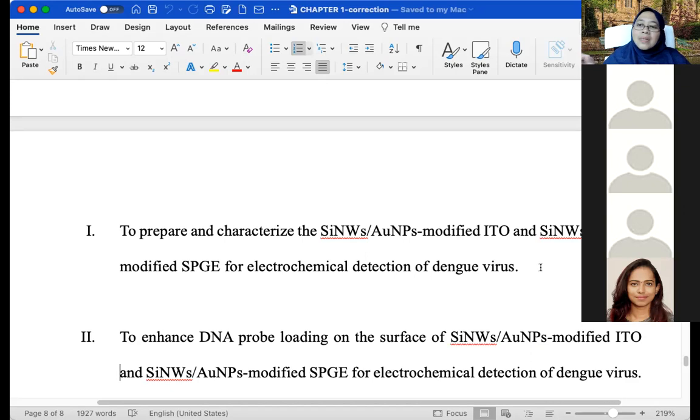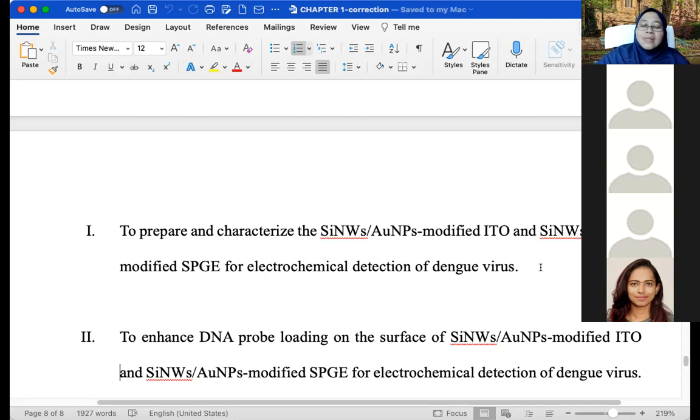There must be a, what do you call, a milestone. Okay, so the milestone here is I have a result showing that I have prepared and characterized the silicon nanowires, gold nanoparticles, and so on, for the application of dengue virus. It means that I have the evidence showing that I have prepared and characterized this.